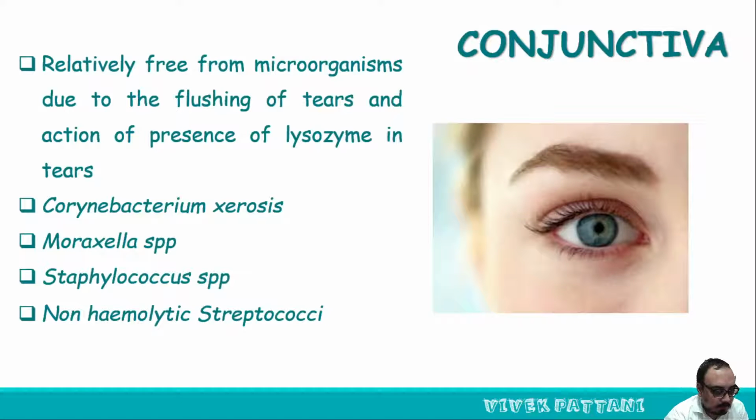Together these lacrimal puncta collect the tears from the eyes, and they are then conveyed through the lacrimal ducts to a reservoir called the lacrimal sac, also known as the dacryocyst or tear sac.